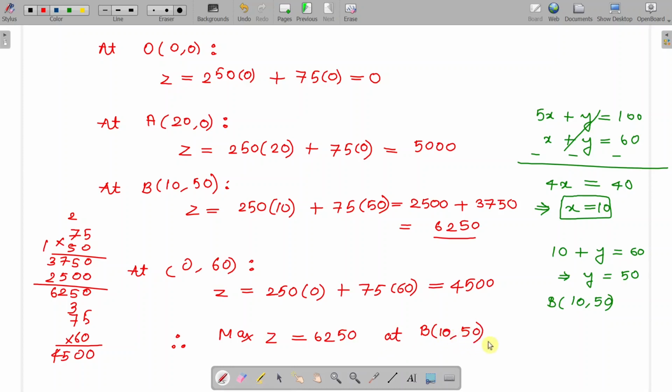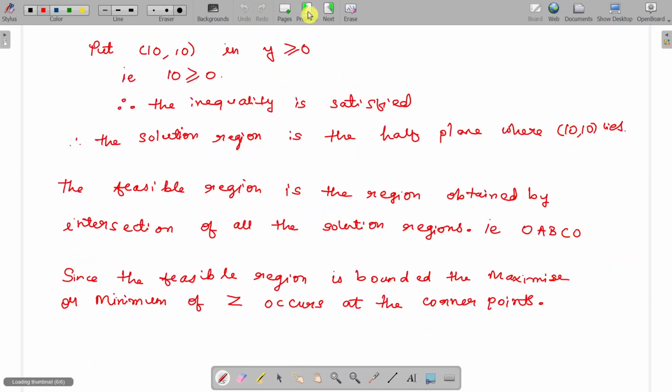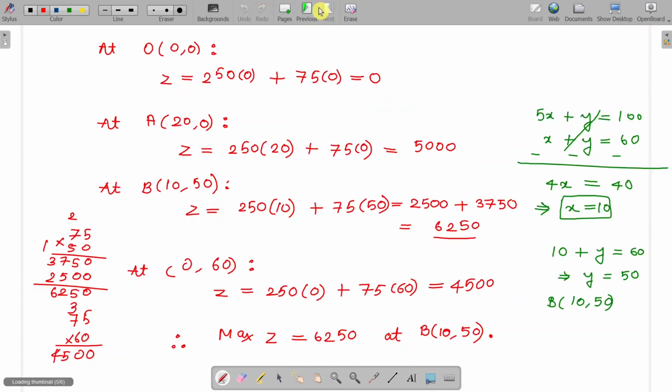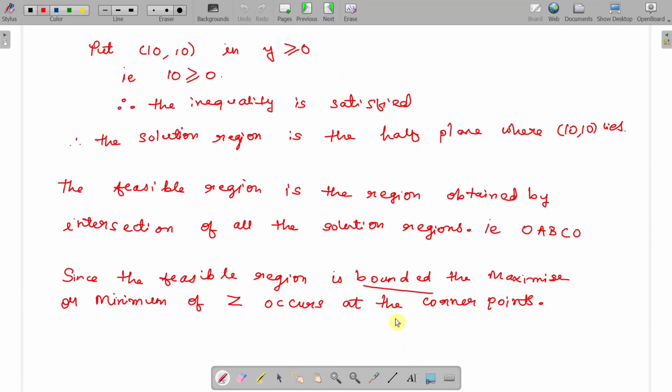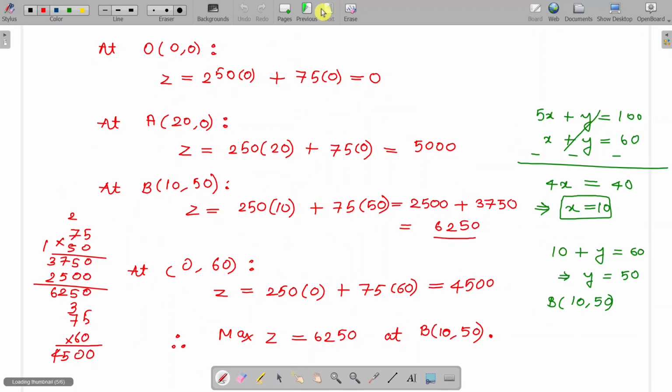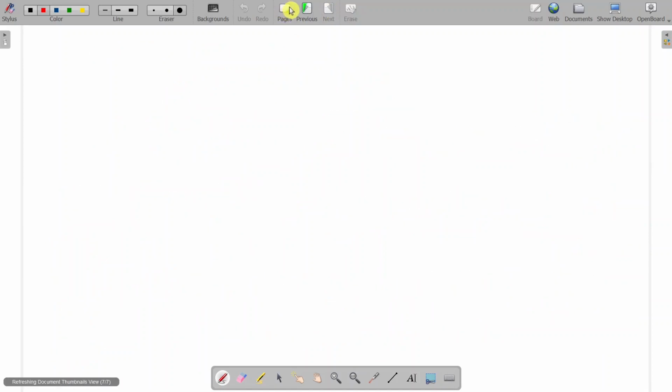Okay, so this is how you have to solve the problem. Now in this case, for this problem, the feasible region was bounded. Okay, so the maximum or minimum occurs at the corner points.